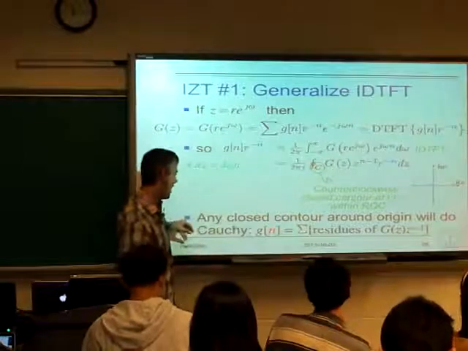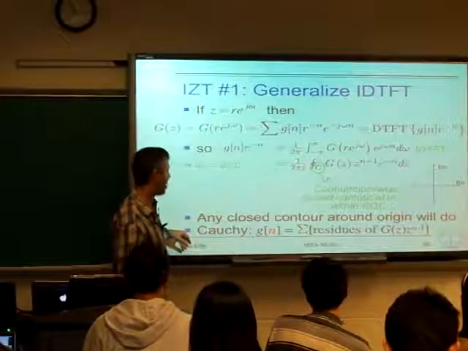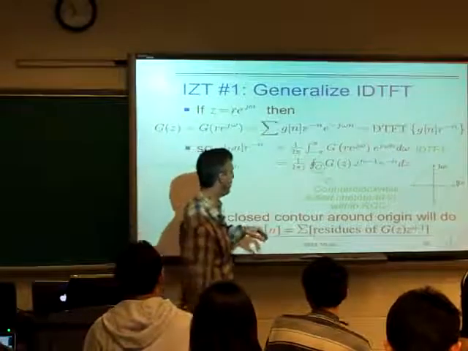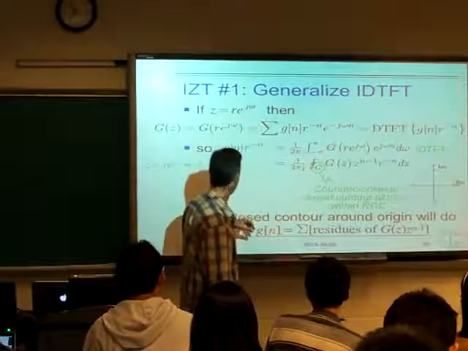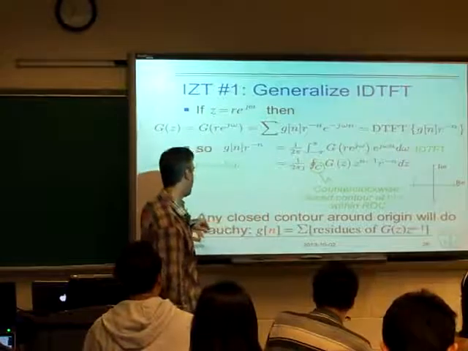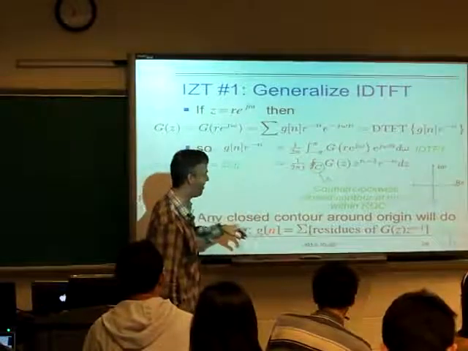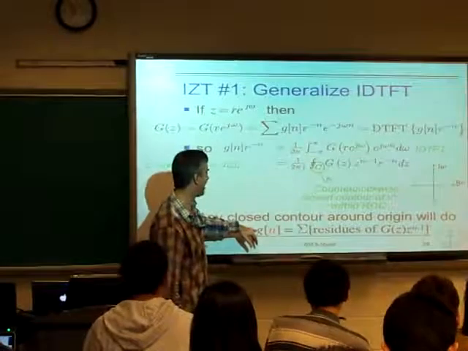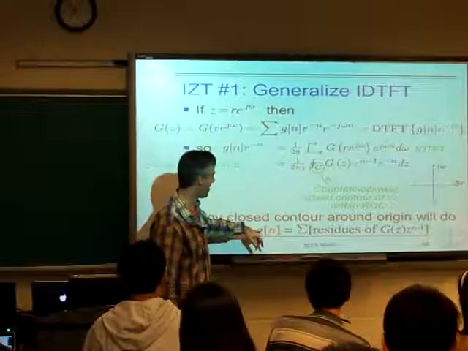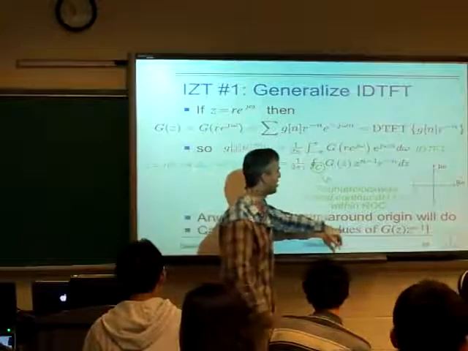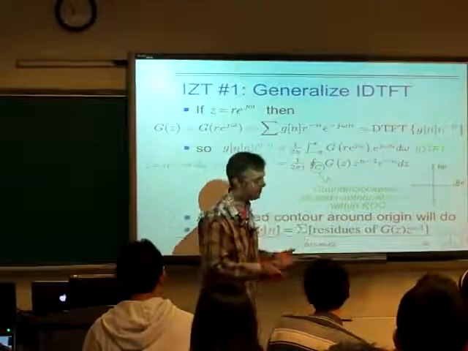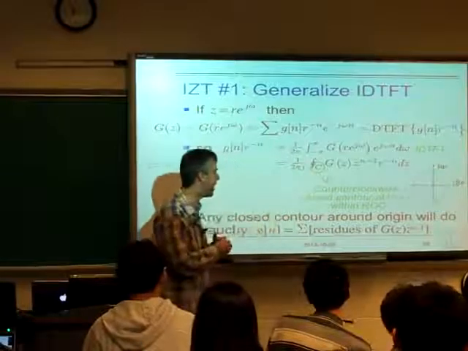Turns out there's the Cauchy residue theorem. I don't really know what this means, but there is this notion of residues, which are the values of the function on the poles, where it's actually infinite, but you can calculate the residues.